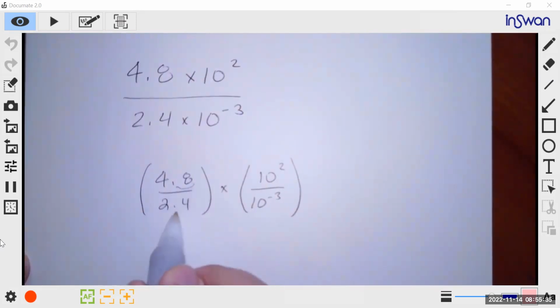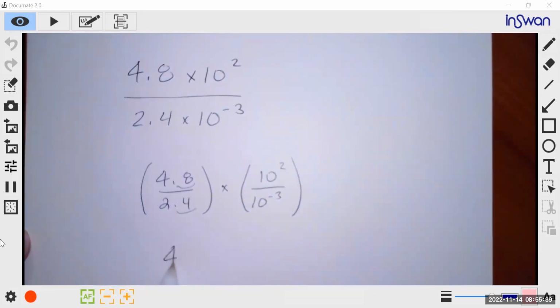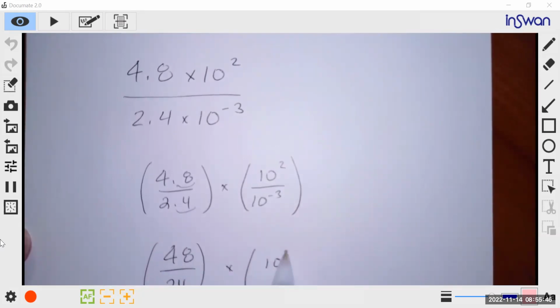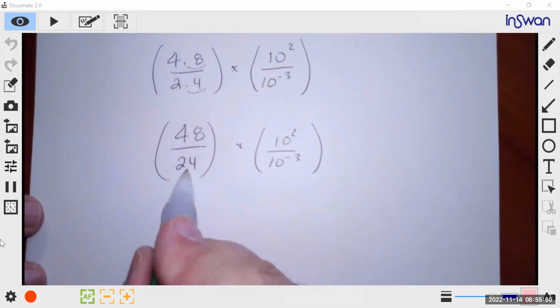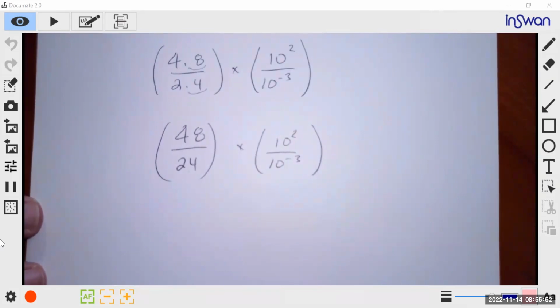Since they both have to move one space to get rid of the decimal, it makes it much easier. How many times is 24 going to 48? 2 times.